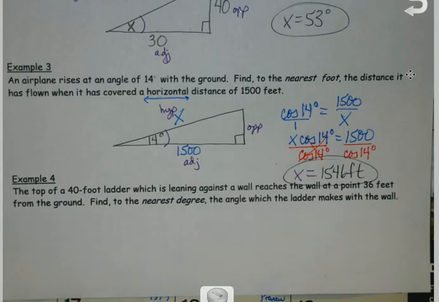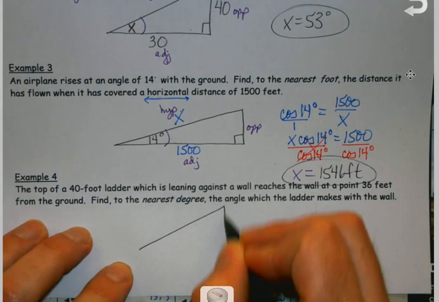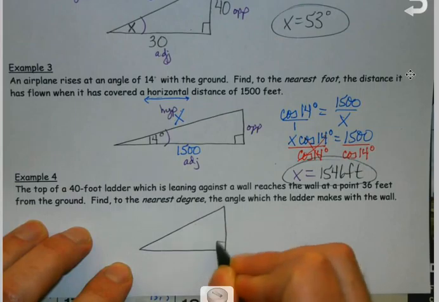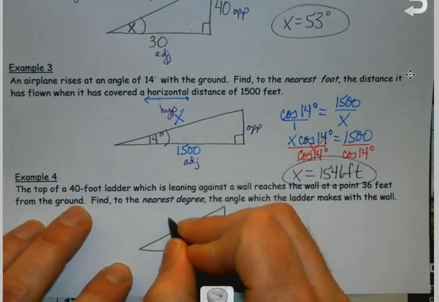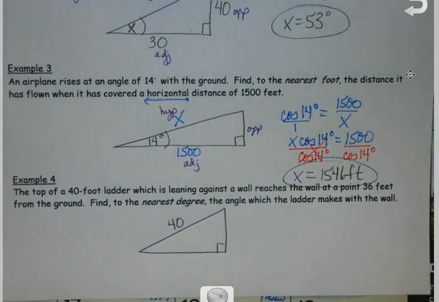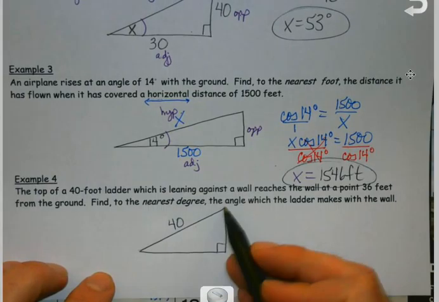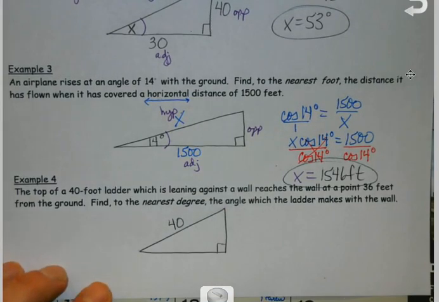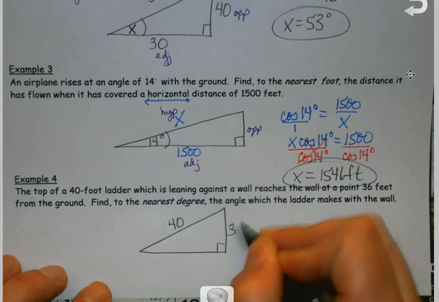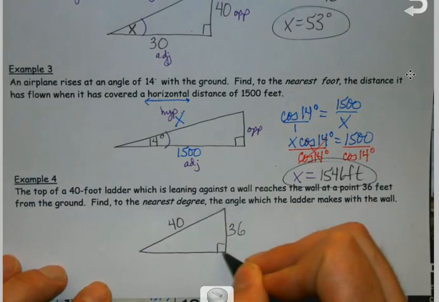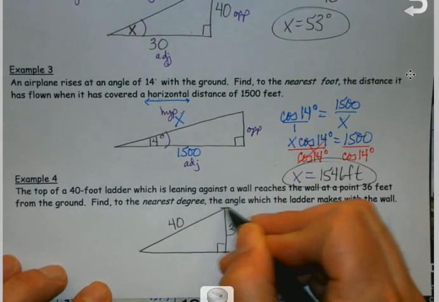And finally, okay, at the top of a 40-foot ladder, let's kind of do this one as we go here. Top of a 40-foot ladder, so when I put up a ladder, I'm leaning it against a wall, okay, it's not laying on the ground, reaches the wall at a point 36 feet from the ground, which means my wall from the ground to where my ladder touches is 36 feet.